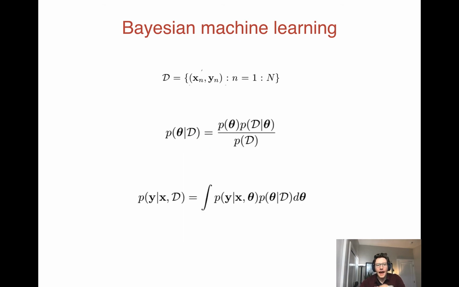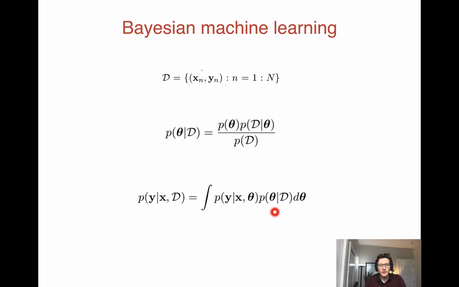So again, how do we get the thing we want, P of Y given X comma D? That's the information we have. Well, it's easy. We just have to take the integral over all of the possible models. And for each possible model, we multiply together two things.